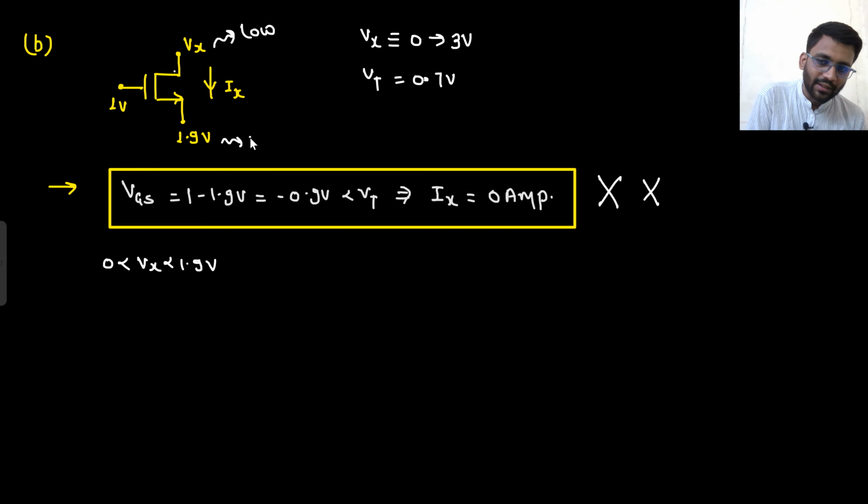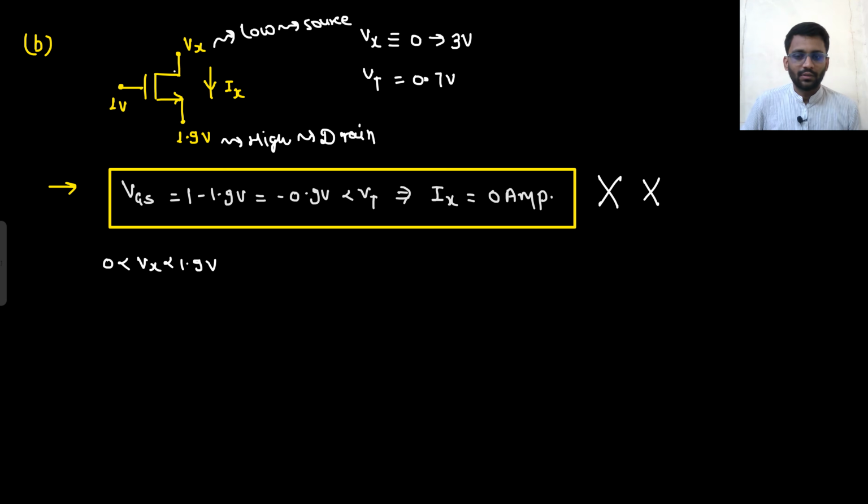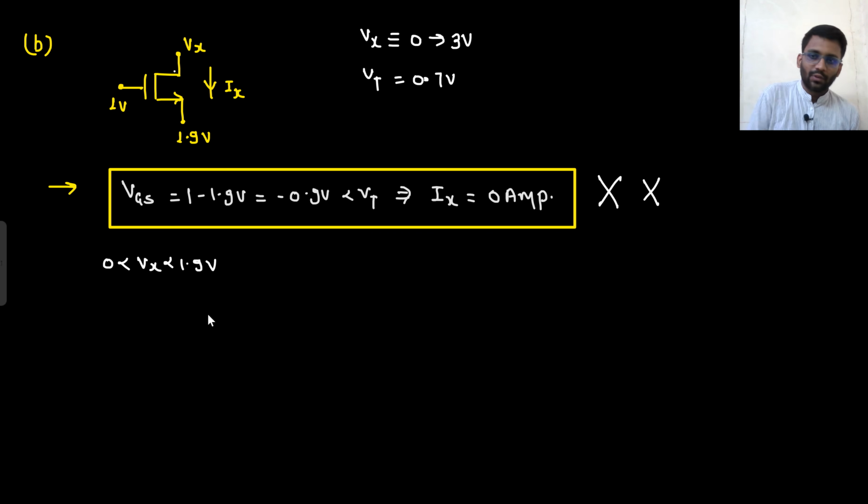And this potential will be high. So this will act as a drain, because it is at higher potential, and this will act as source. Say yes or no. Okay, so let's write it down. I should not write it in the question itself. So what will happen is that this is your given circuit.